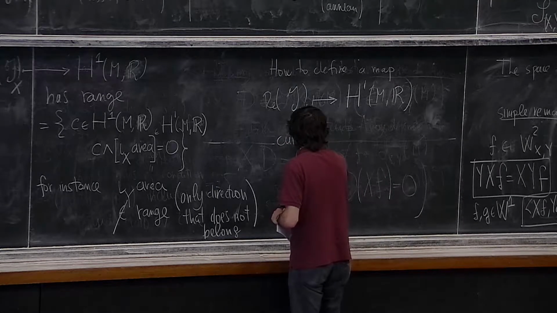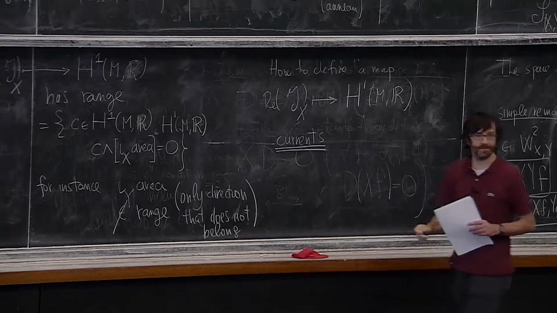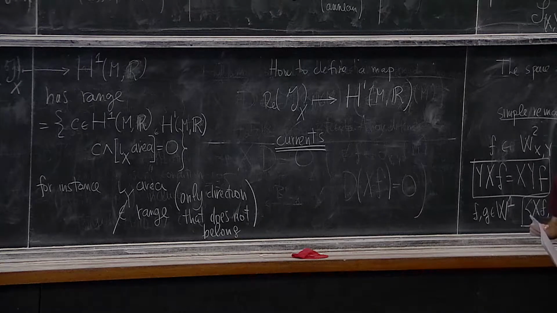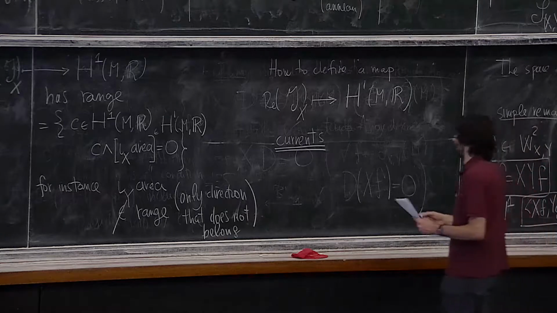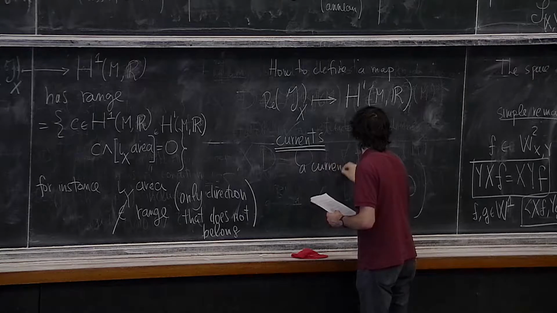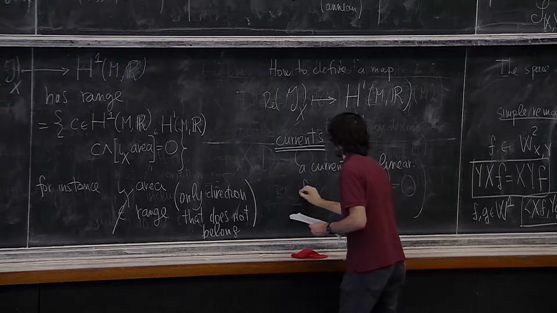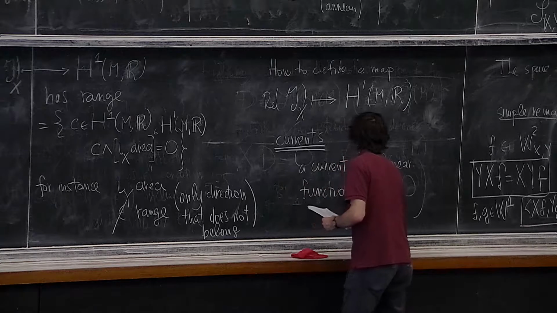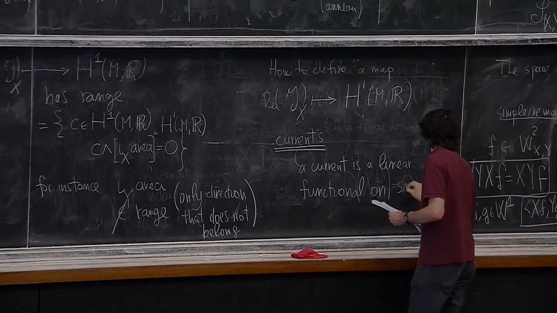I need to say something about currents. Distributions are linear functions on functions. Currents in general are linear, continuous, but forget about that, functionals on smooth forms.